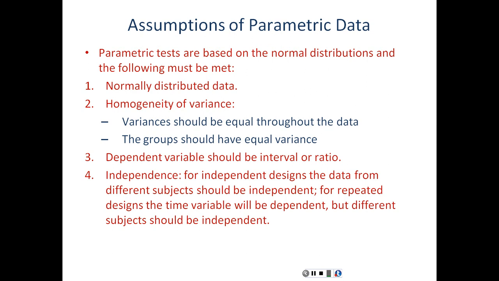Basically, if you have handed out a survey to a sample of 30 people, each of those 30 people should have completed that survey on their own, not with anyone else. They should have completed it independently, so the responses that you have received from each and every person will be completely different from one another.